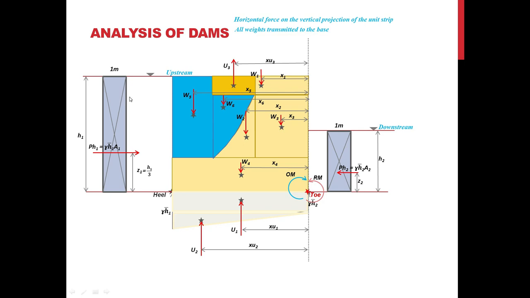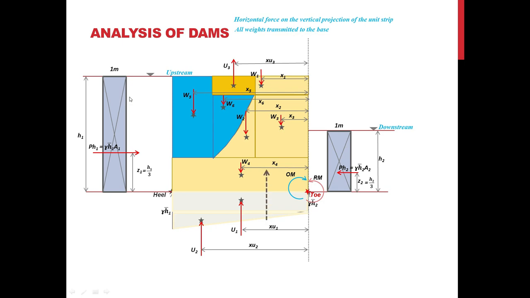Likewise, for the downstream side, we have Z2, the distance of the hydrostatic force from the toe. So we simply divide H2 by 3 to locate this PH2 from the toe.